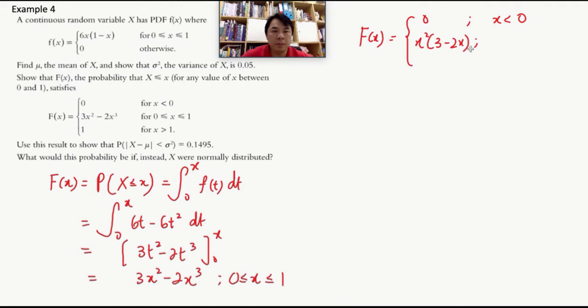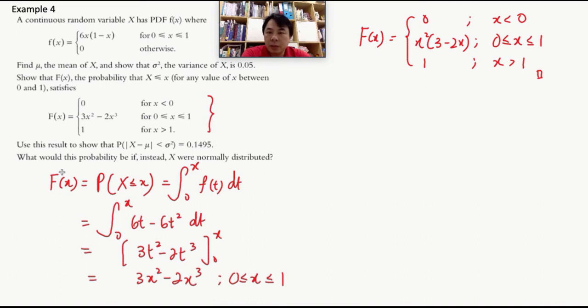This is only true within this domain, and finally the total area within this probability density function must be equal to 1 for anything that is larger than 1. And then we managed to prove that this distribution function is indeed given by this piecewise function.